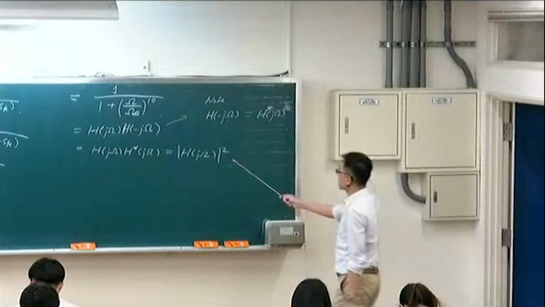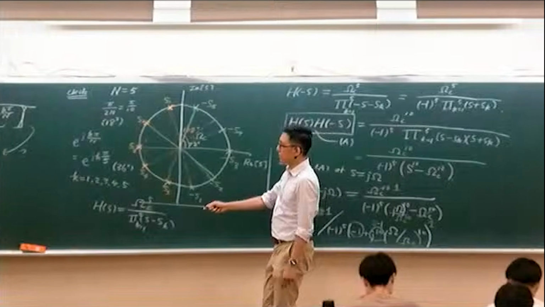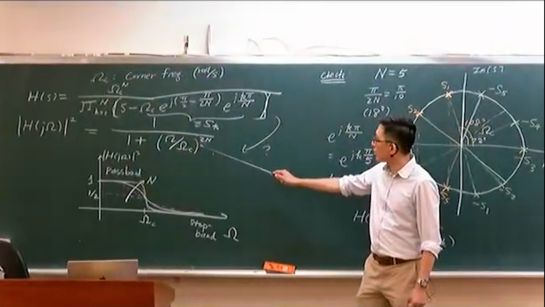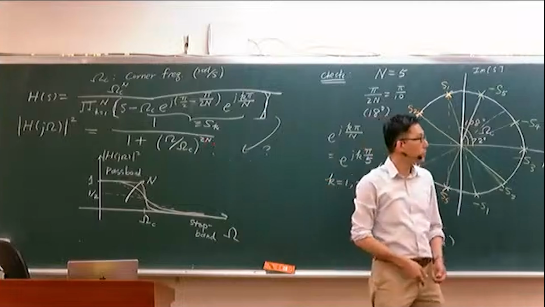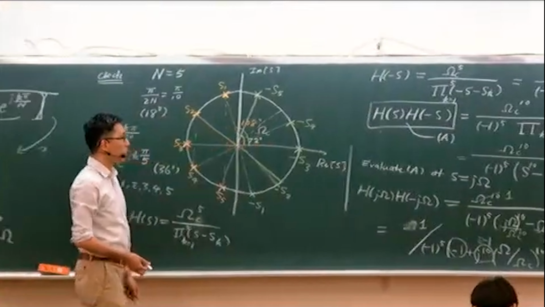And that's exactly the expression we were drawing down here, right? That's 1 plus omega divided by corner frequency, entire thing to the 2n power. A monotonically, beautifully decreasing low-pass filter response is what we get.